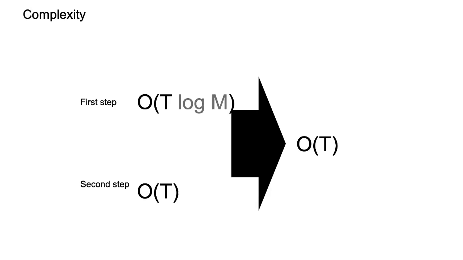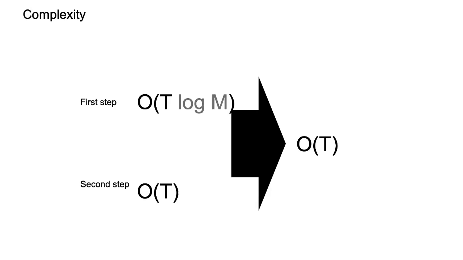The second step is still linear. And in the end, if you consider that the number of terms compared to the number of tokens is negligible, then again, it feels like O of T. It raises the question of what is the relationship between T and M. Obviously, if you increase the size of the collection and you increase the number of tokens, then you're going to also increase the number of terms.